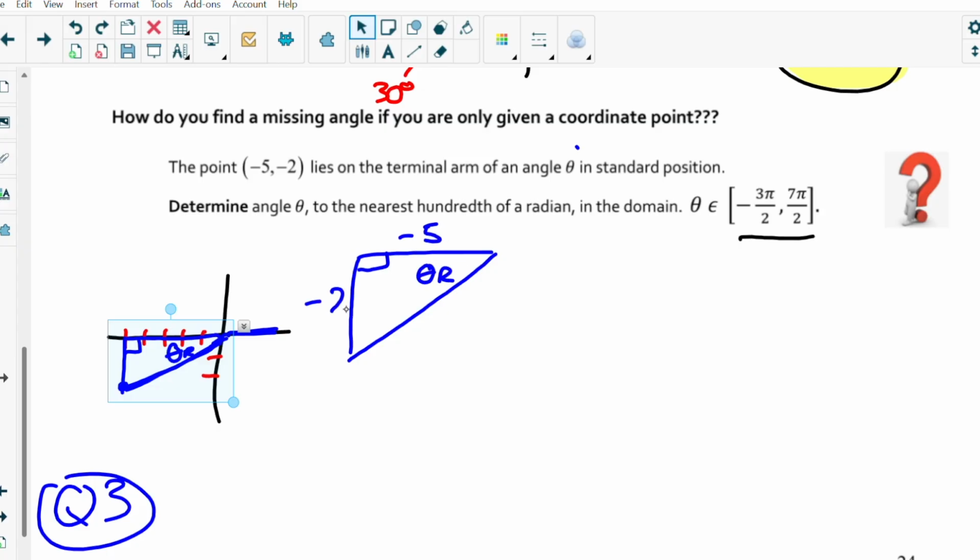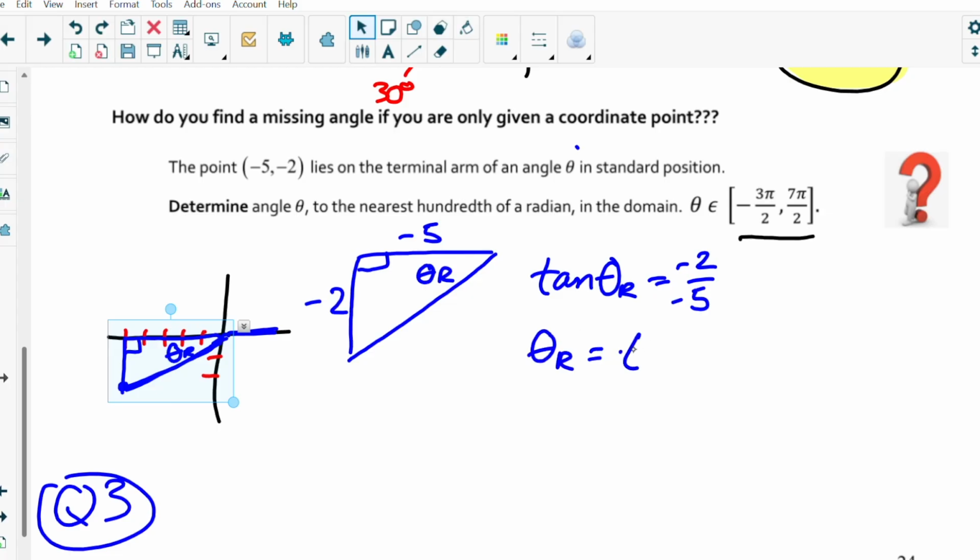This is -5. This is -2. Okay, so from this one, I can think of the tangent ratio. So the tangent of theta r equals opposite over adjacent, -2 over -5.